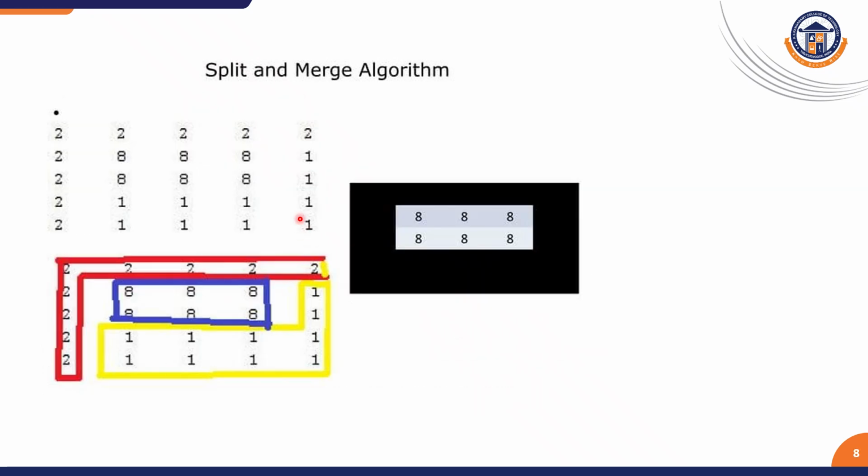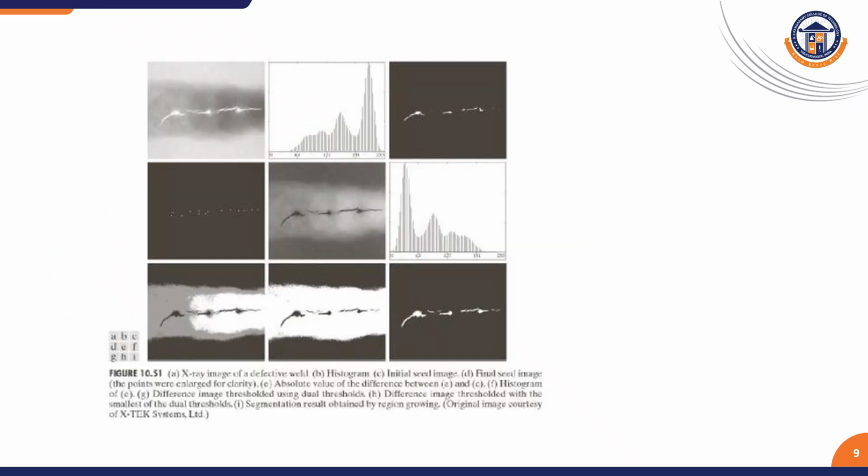So here an example of the split and merge algorithm is given. This is a 5 cross 5 image. The intensity level 2 is grouped together, the intensity level 8 is also grouped together, and the intensity level 1. These 3 different regions are grouped together in the split and merge algorithm.